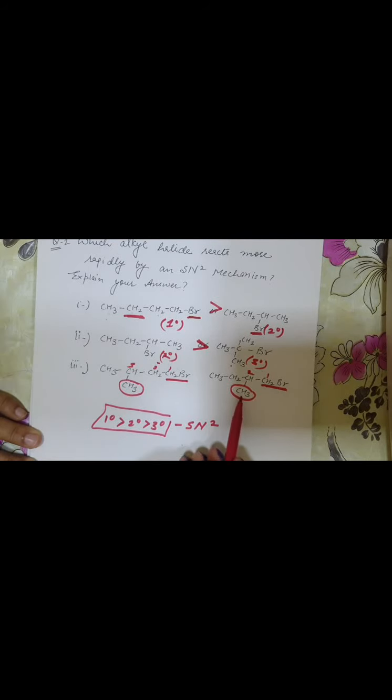Means the methyl group is attached nearer to the bromine atom, the leaving group. So there will be more steric hindrance in comparison to this. So this will show a high rate in comparison to that because of lesser steric hindrance. So in this case, steric hindrance, and in these two cases, the nature of the alkyl halide will decide the rate of the SN2 mechanism.